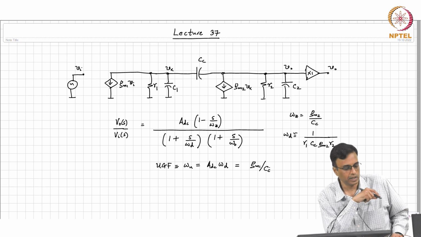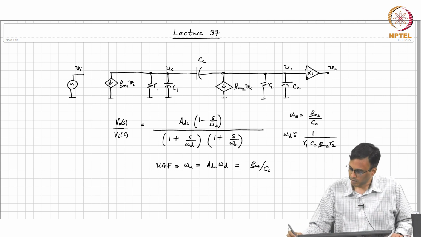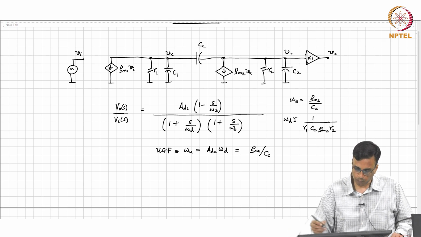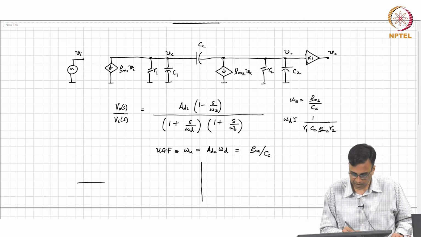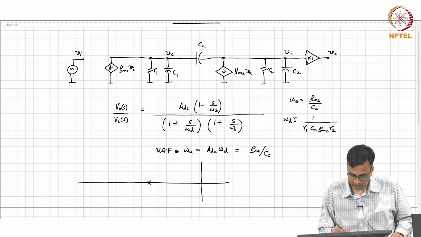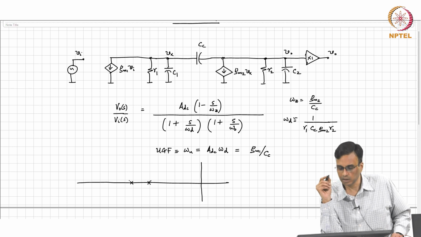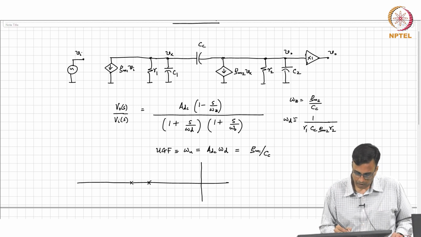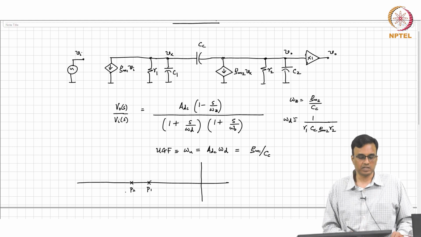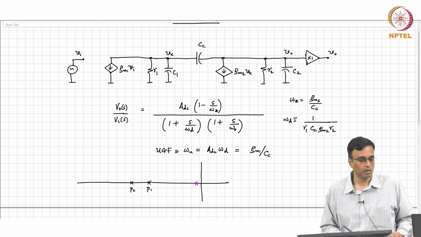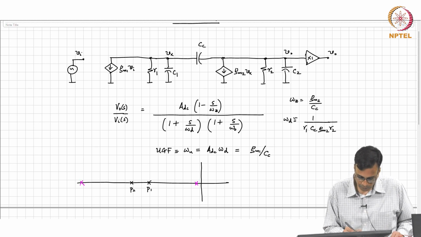All right, and yesterday we saw the intuition for this result. When we wound up yesterday, we were basically looking at the pole positions of the uncompensated system. Remember that the two poles of the uncompensated system are close to each other, and so let us call them P1 and P2, and after compensation that Miller capacitor is added, one pole moves very close to the origin, the other one moves farther away.